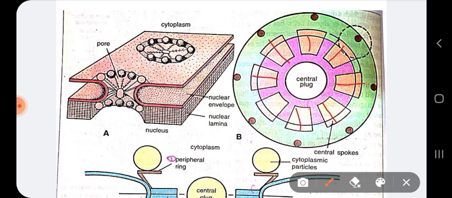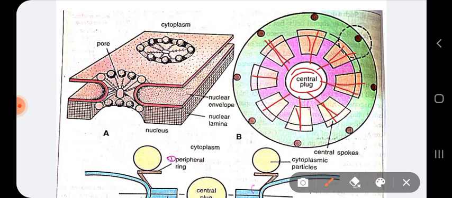So as I have said, this nuclear pore complex is composed of two rings, also called annuli, at its periphery. Periphery means away from the center. The rings are away from the center of the nuclear pores and have a diameter of 80 nanometer. It has a central plug also, joined with the rings or annuli with the help of spokes that extend from the plug to the rings.